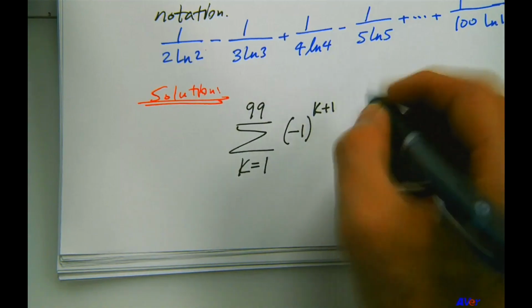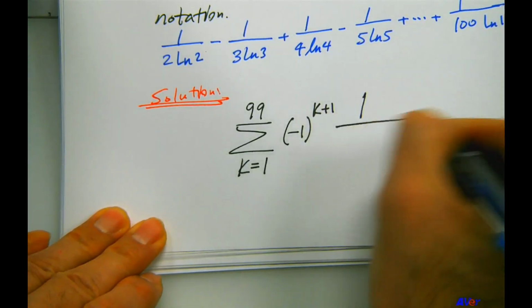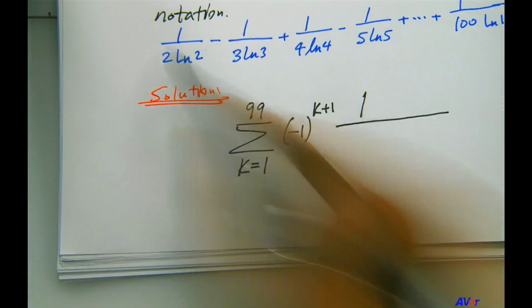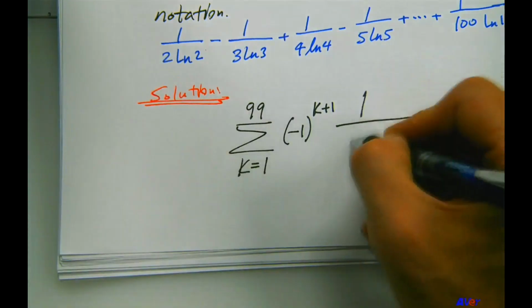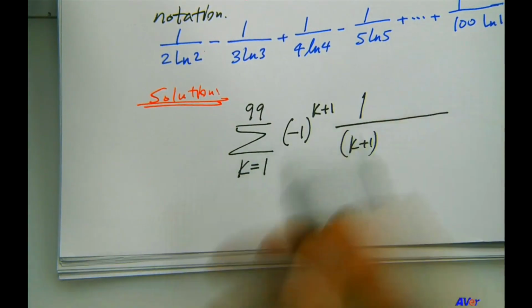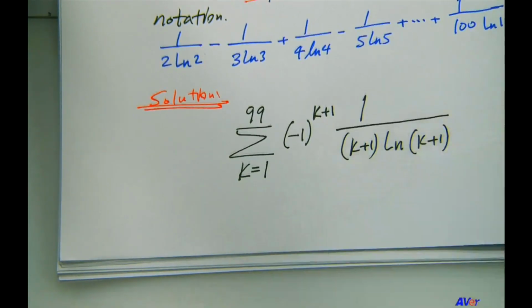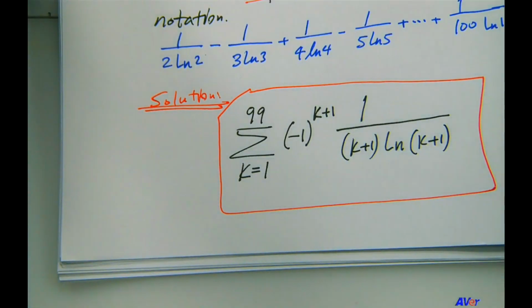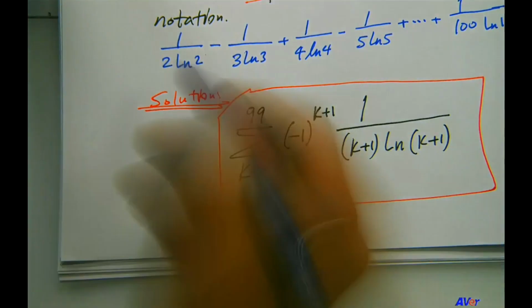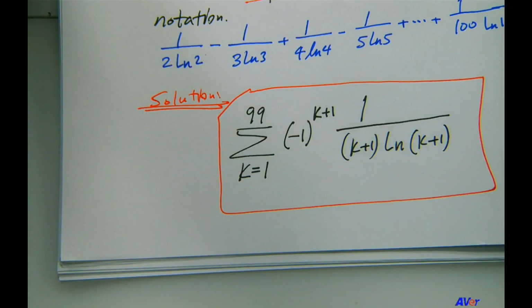And then all of that times, of course, the main fraction, which is 1 over k plus 1 times natural log of k plus 1. Like that. Okay? So here is the partial sum using sigma notation, the partial sum formula for the whole partial sum.